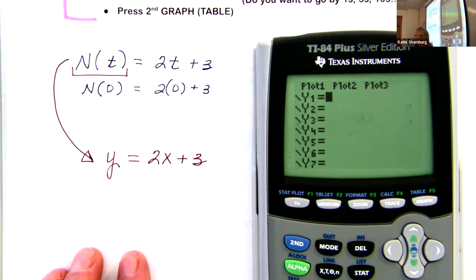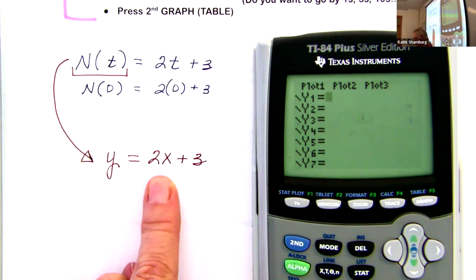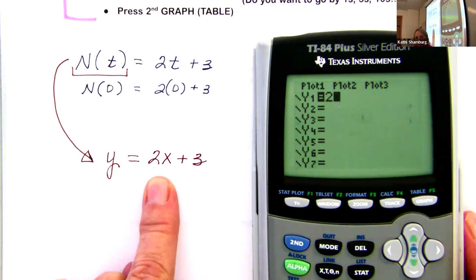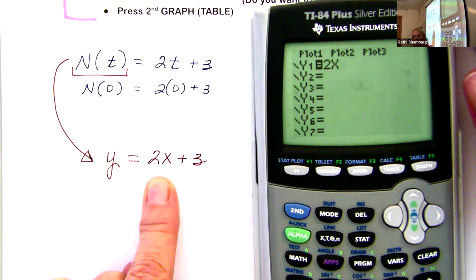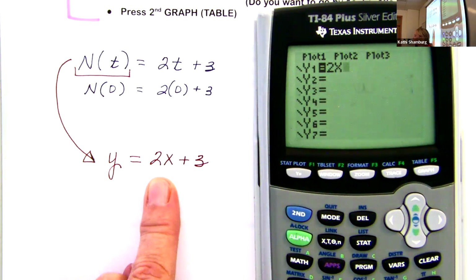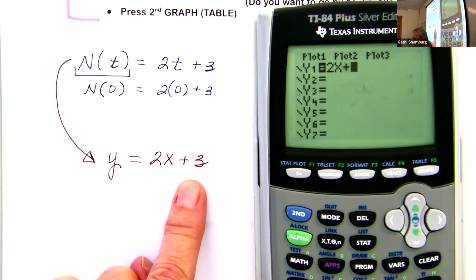Okay, the equation we're going to put in is 2x. So push your number 2. Then you'll see this button to the right of alpha. It has x, t, theta, and n. When you press that, it automatically puts an x in there. And then we're going to do plus 3.